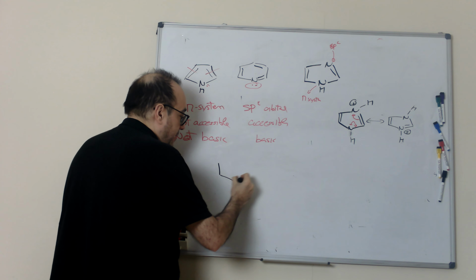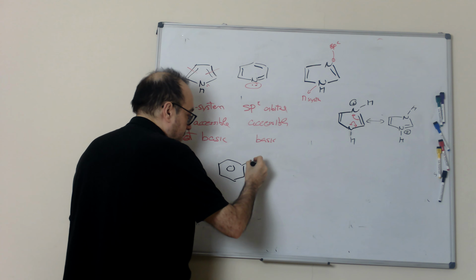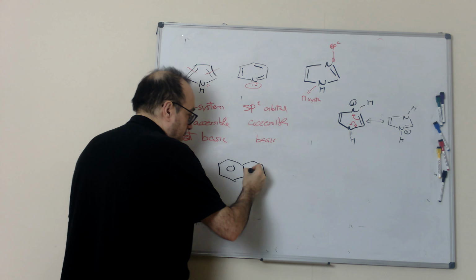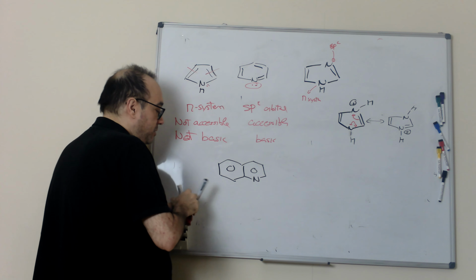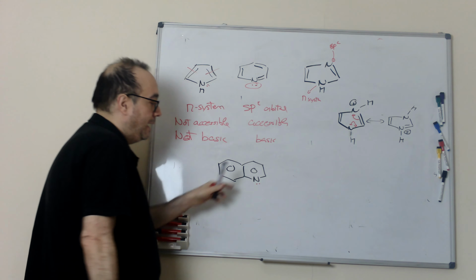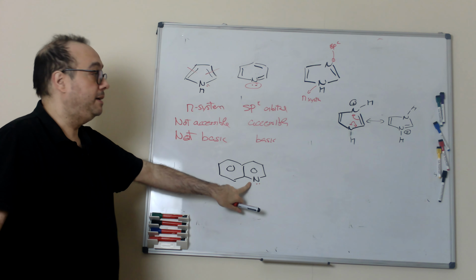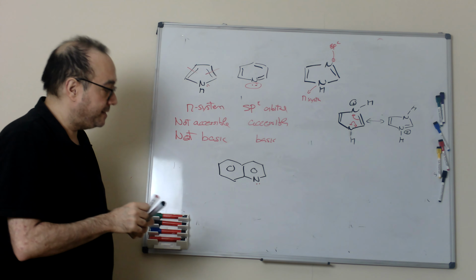For example, in quinolines, the pair of electrons of this nitrogen are in the sp2, so it will be basic.